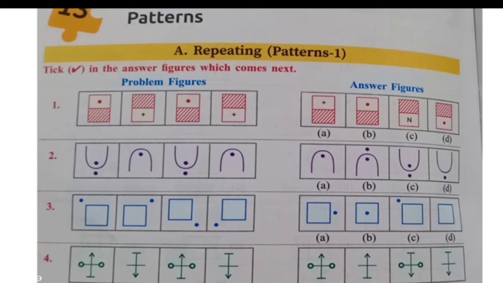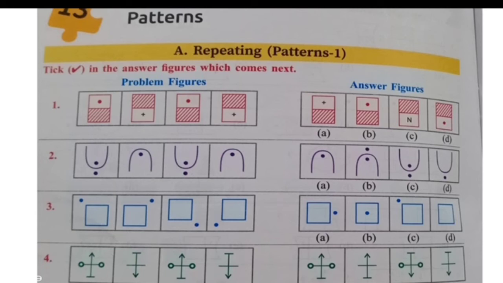Second one, square is left hand side and dot is right hand side. Third picture, first it is shown square, it is left hand side and dot is right hand side. Correct. Again, dot is left hand side and square is right hand side.